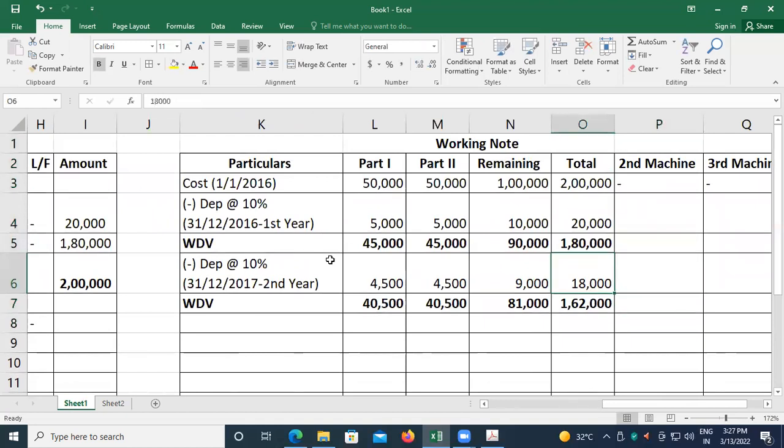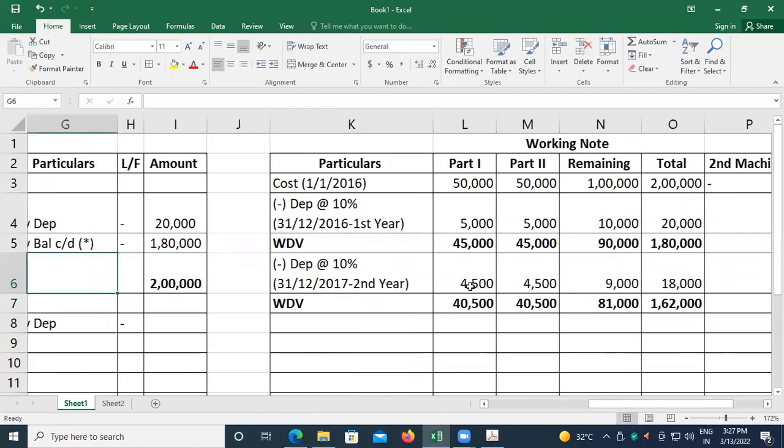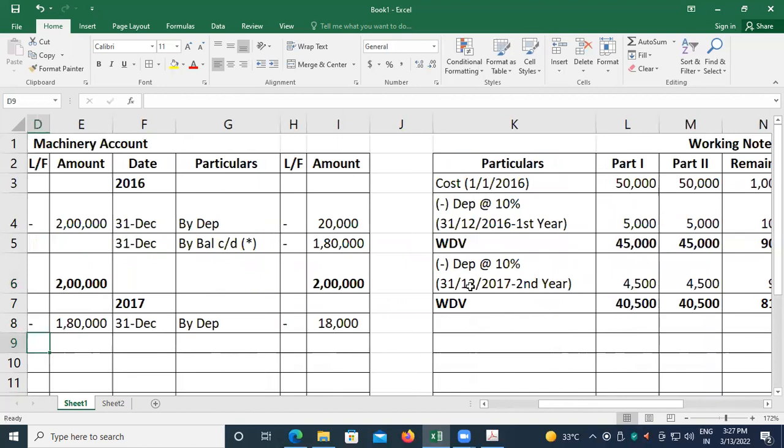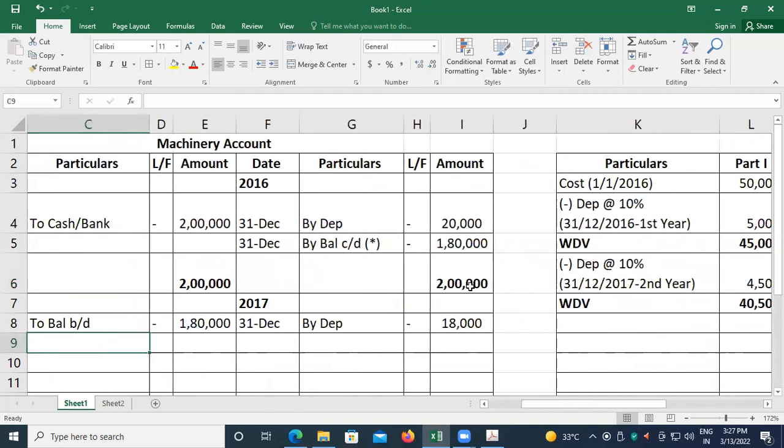Here, can you see? 18,000. So the second year depreciation value is 18,000. So let us calculate now the total value of the asset. So here it will come 18,000 rupees. So let us calculate the balance now.